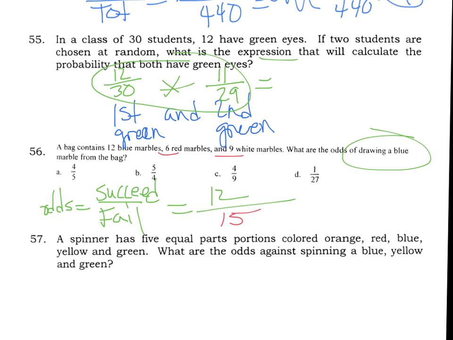So my odds can be written as a fraction. I should probably simplify it. I think both of these have a 3, so 4 over 5. Or I can say 4 to 5. The odds are 4 to 5. Probability would be different because probability would have not just the failures down here, but the total number of outcomes.